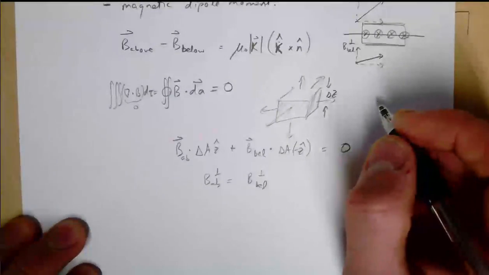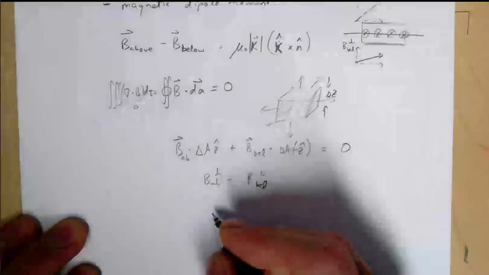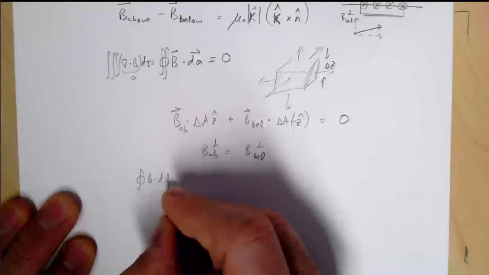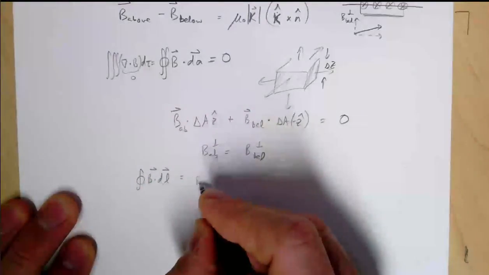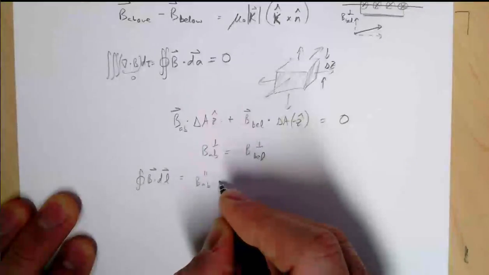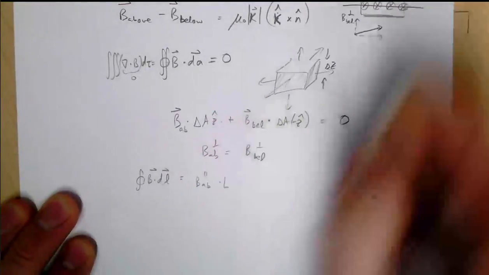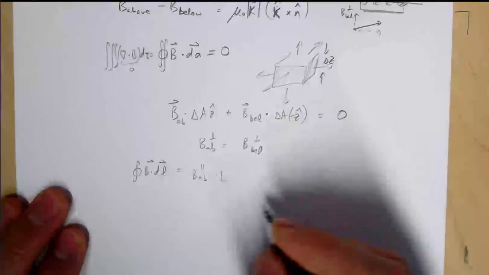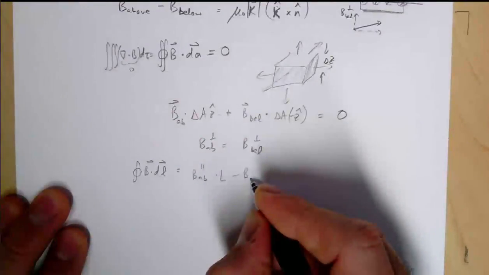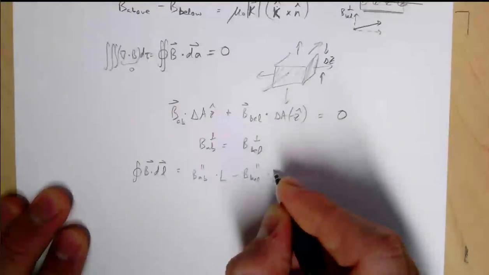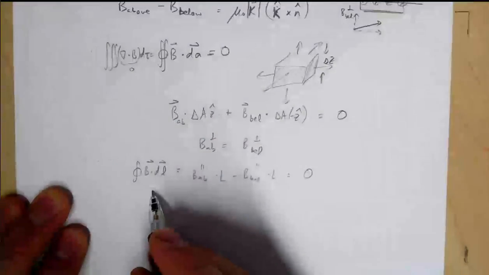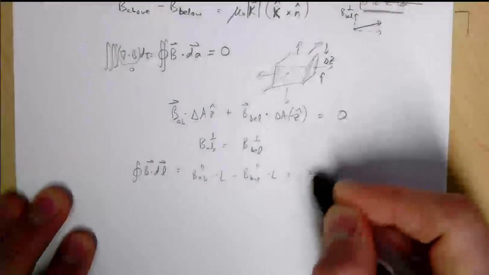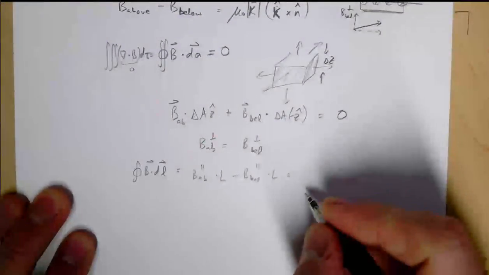So again we worked that the integral of B dot dl equals B above parallel times some length of this loop, minus B below parallel times the length of this loop. And again, how do we know? Sorry, I misspoke there. Not 0. It's equal to mu naught times the current enclosed, right?